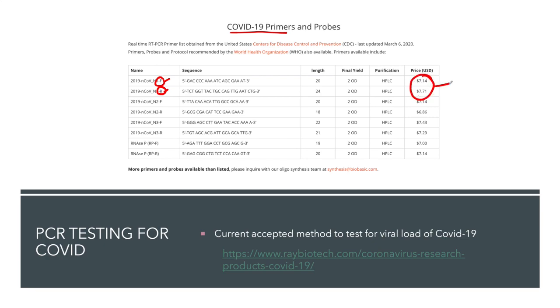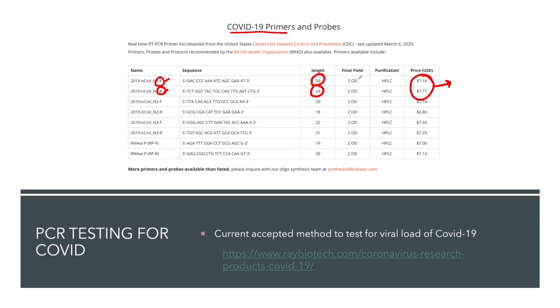So for $15, we can buy a set of primers, and that provides us with a DNA length of anywhere from 20 to 24 base pairs. This purification process is through what's called HPLC. It's just how the primers are synthesized and purified.